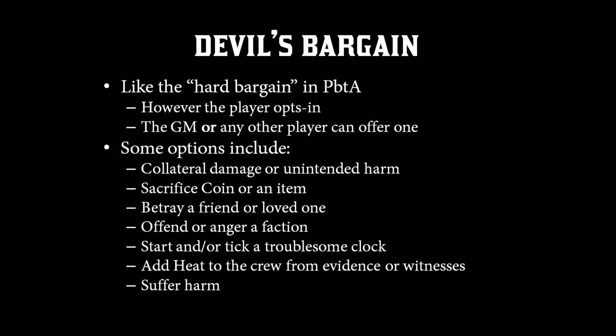So the thing is, when you look through this list, you can see all of these different systems that are in the game and can be engaged in order to basically complicate the situation that the crew finds themselves in, especially the PC finds themselves in. So it could be narrative things, or it can be mechanical things like coin, faction relationships, clocks, heat, or harm.